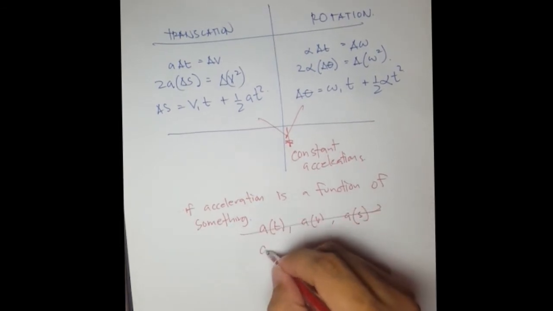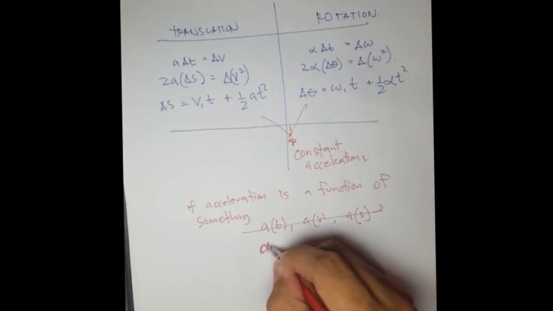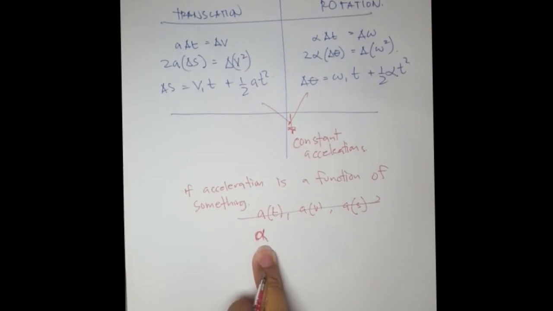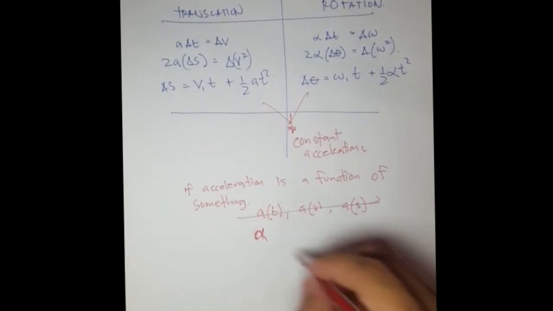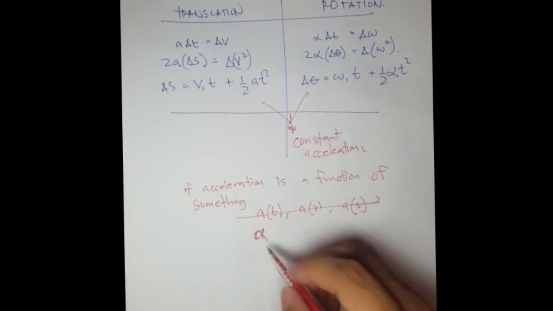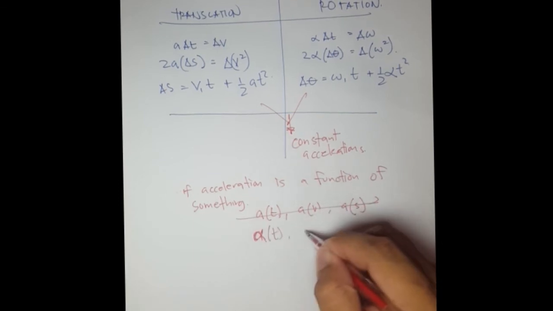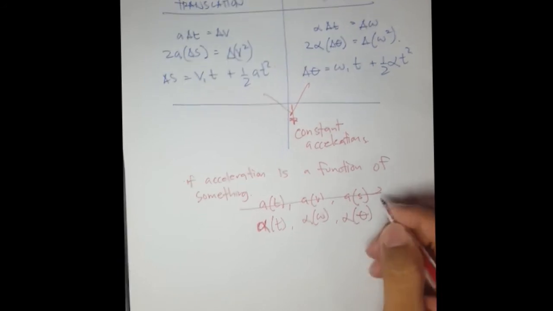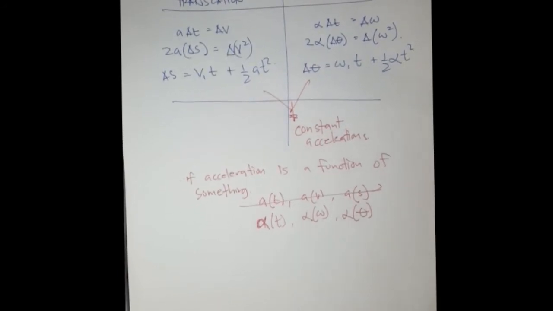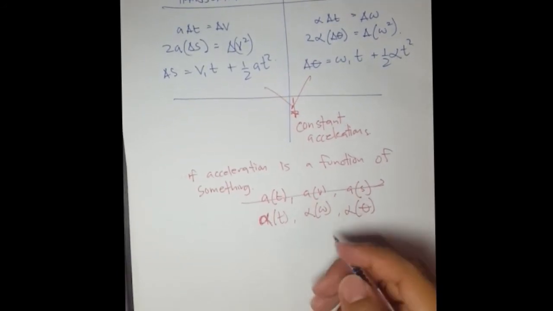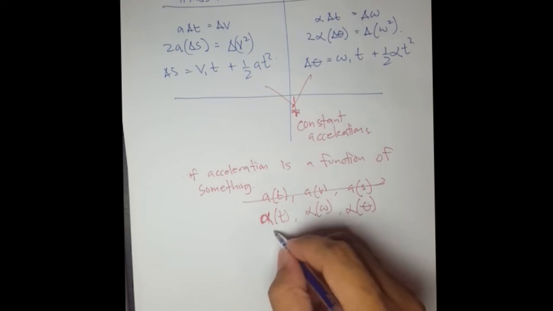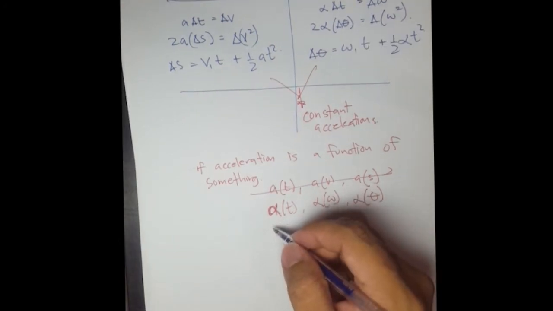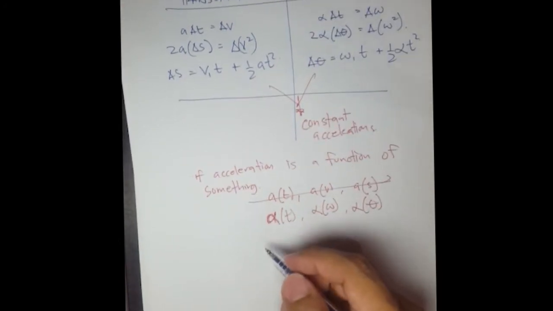Not this one, I think. Let's say this one, the omega. So, oh no, not the omega, the alpha. So alpha is a function of the velocity, or alpha is a function of position. Then we use the main equations, and then we derive it using the calculus.